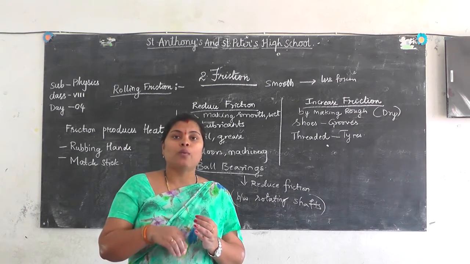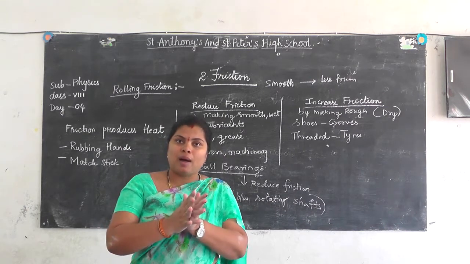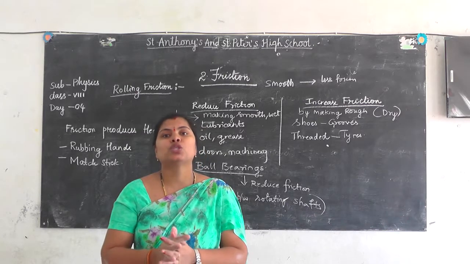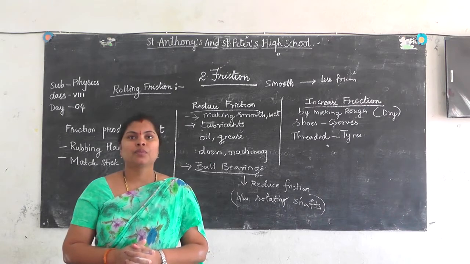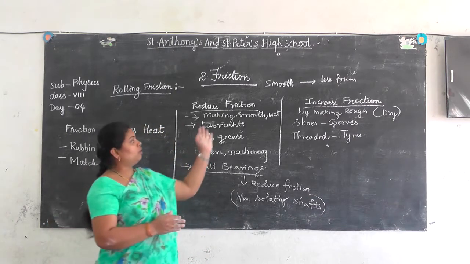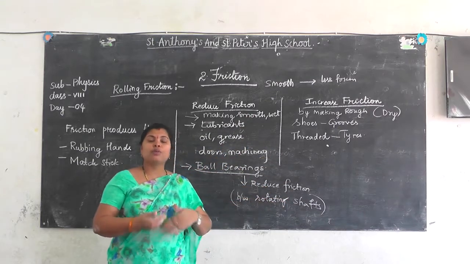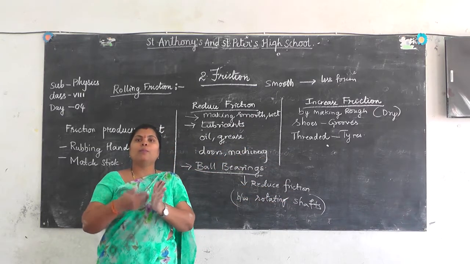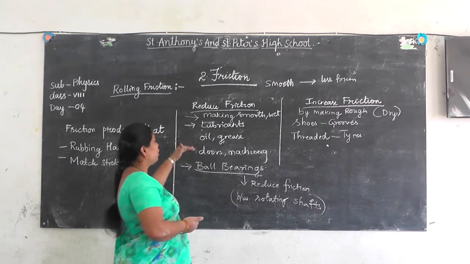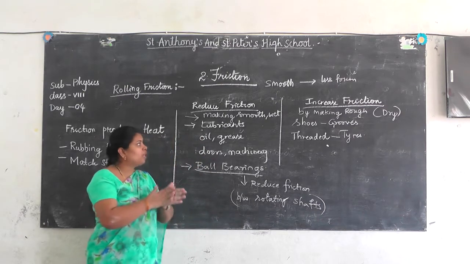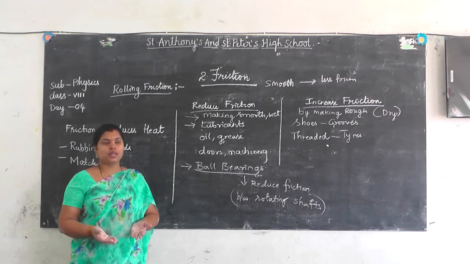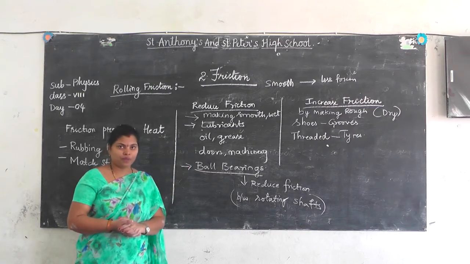So in order to avoid that, they make their hands rough by rubbing with the soil. In that way, in order to increase the friction, you should make your surface dry or rough. In the same way, in order to reduce the friction, we need to make the surfaces wet by applying some lubricants like oil, grease, etc.